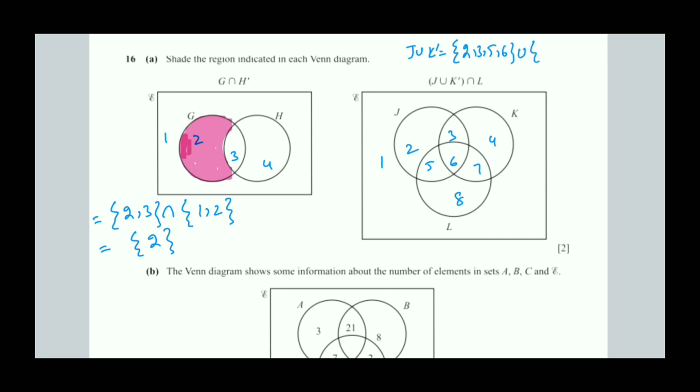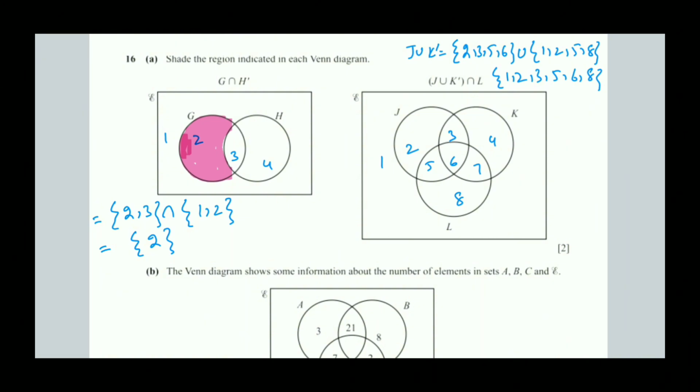Union K complement means not K, 1 2 5 8. So combine all the elements in the union: 1 2 3 5 6 8.